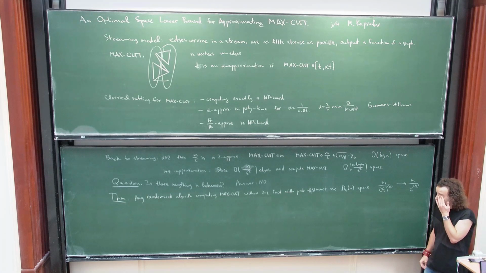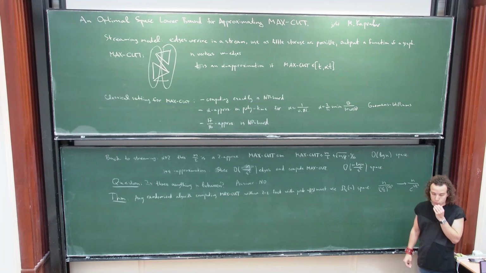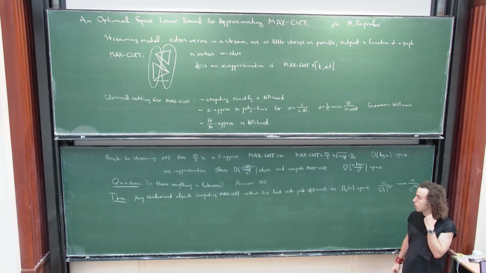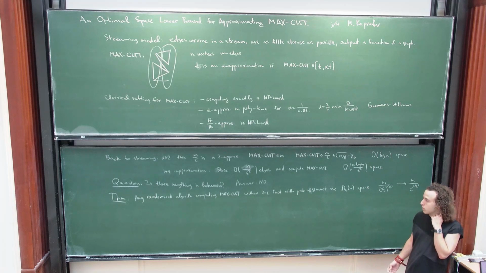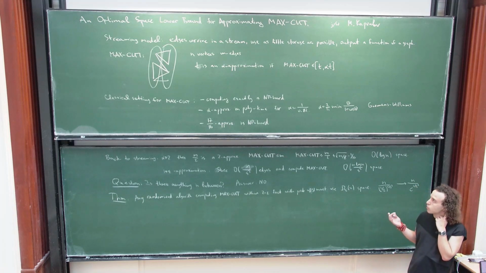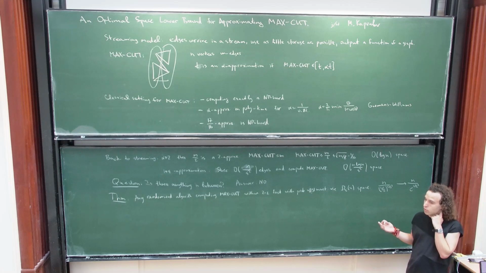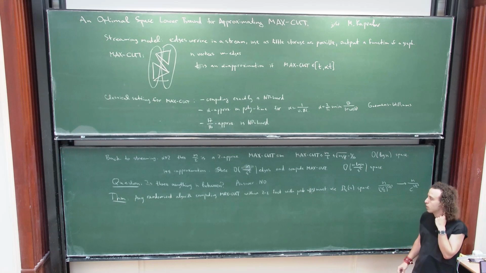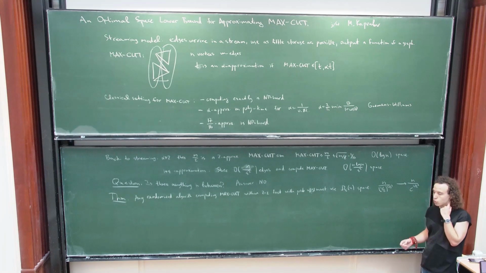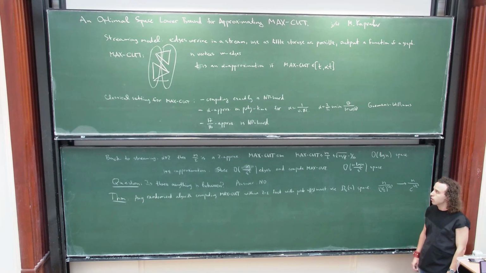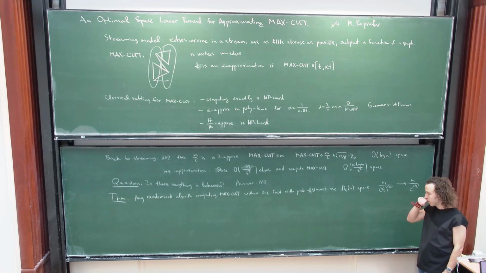The results which were known were that you always need square root n space if you want to do approximation better than 2. And also it was known that if you want approximation which is very close to 1, then you do need linear space. These are basically the two results which we need. And partially it already suggested that maybe this should be true.